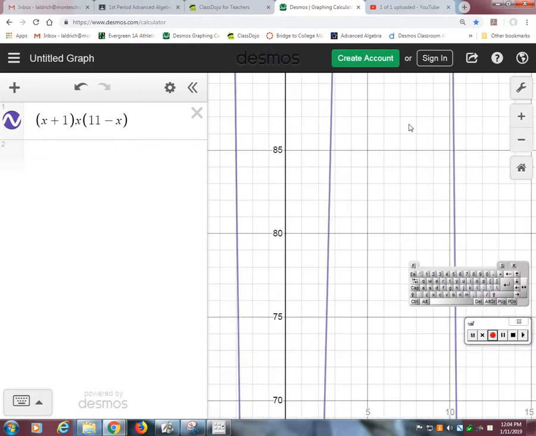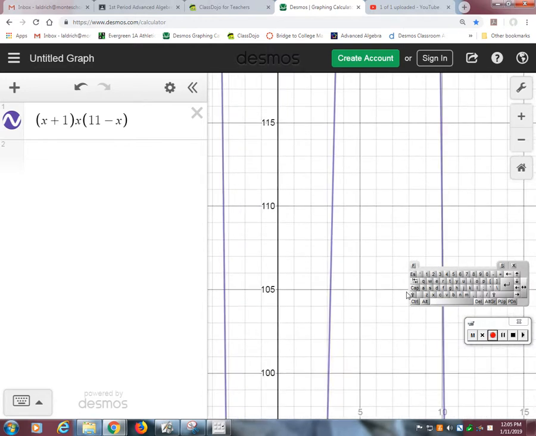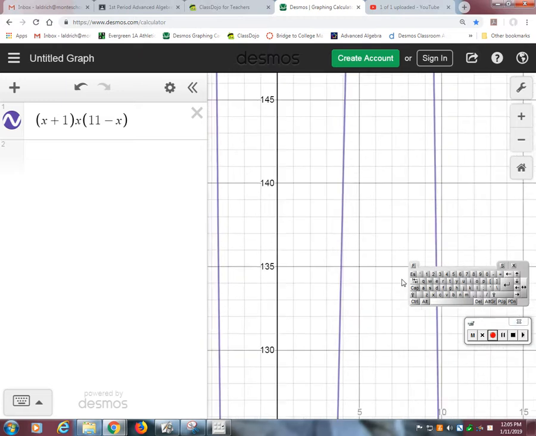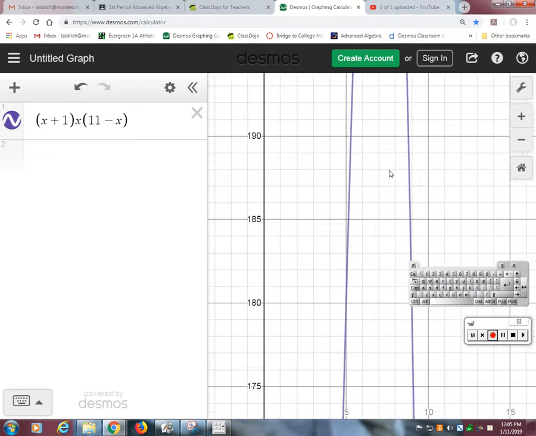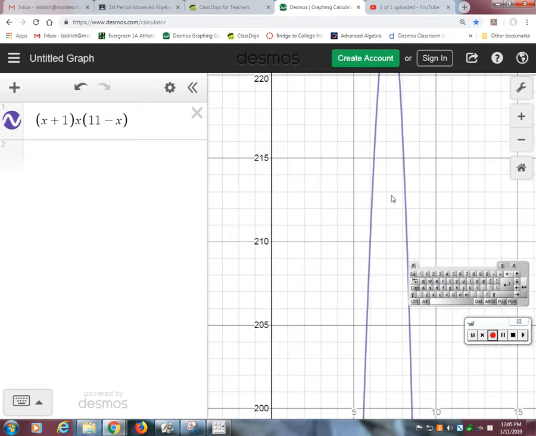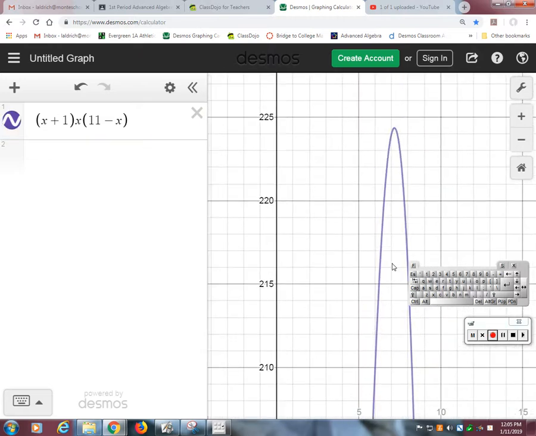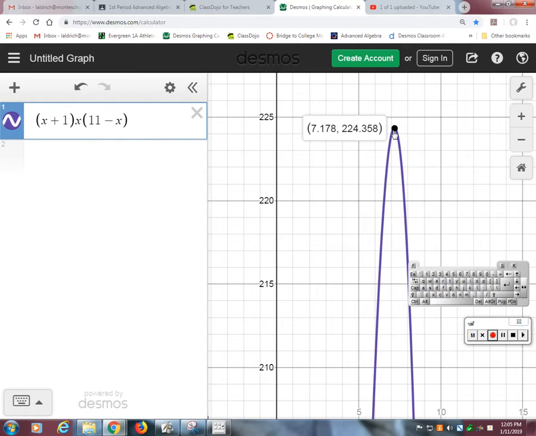So it's going to be there somewhere. 500. 350. 275. Okay, what is the maximum volume? That's the x value where it occurs. The maximum volume is, I'm just going to round these, the maximum volume is 224.